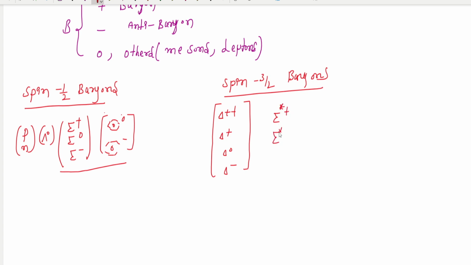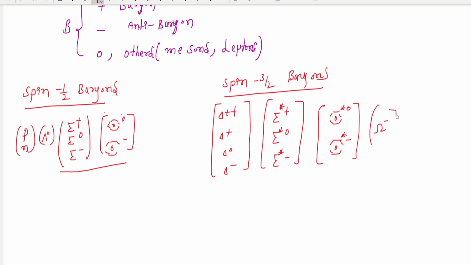Just try to write that classification first, then you can arrange according to your memory. Xi 0, xi minus, these are the variants.